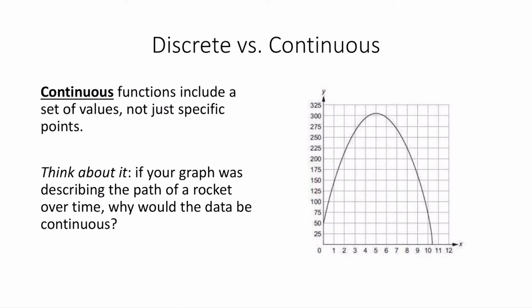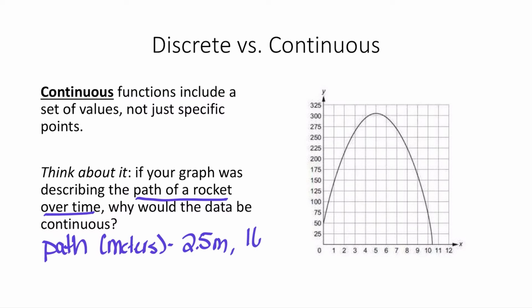So let's think about continuous functions. These functions include a whole set of values, not just specific data points. If your graph was describing the path of a rocket over time, why would it be continuous? Well, we have the path, and let's say that's described in meters. You could have a path of 2.5 meters, or you could say it traveled 10 meters.